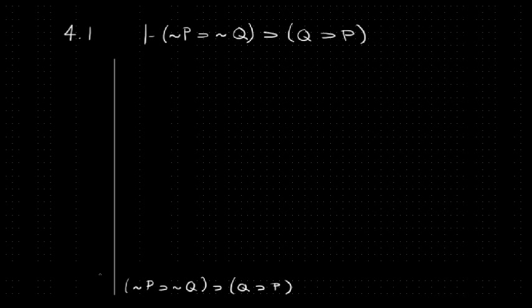Just looking at this sentence that we've got at the bottom here, its main operator is a conditional, so I'm going to try and introduce it with a conditional, and that tells me that the rest of the proof has to look something like this. I need to have a second scope bar that ends with Q, then P, ends with this consequent, and begins with an assumption of not P, then not Q. So that's my step 1.